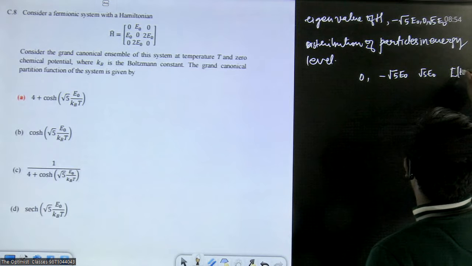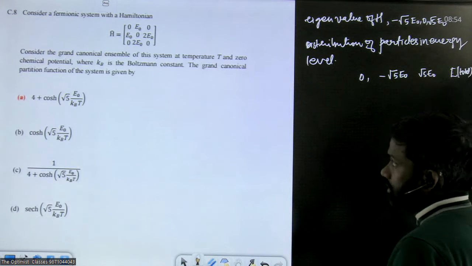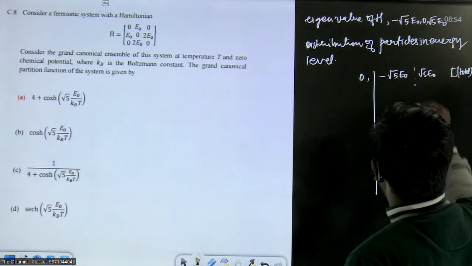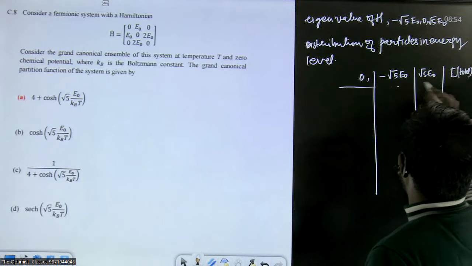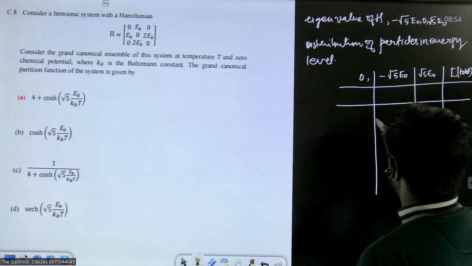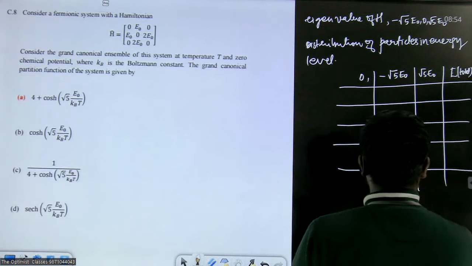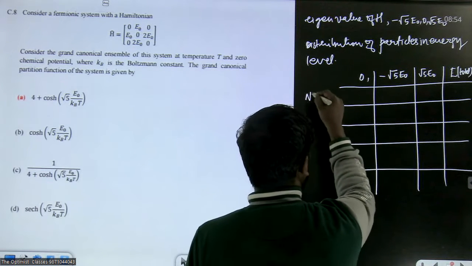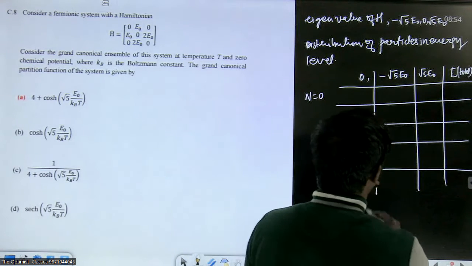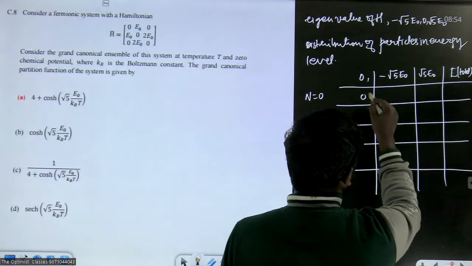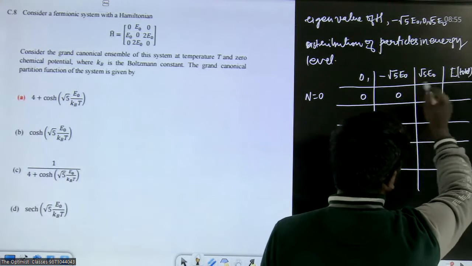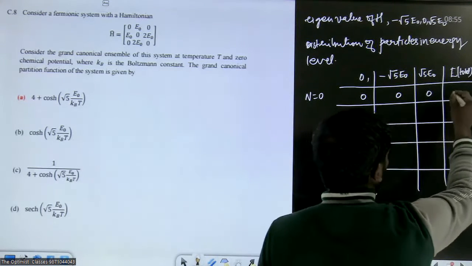This E is the total. But since it is a grand canonical ensemble, the number of particles is not fixed. Let's say there is no particle, n equal to 0. So obviously there will be zero particles in every level. No particle is occupying any energy level, so you get zero energy.